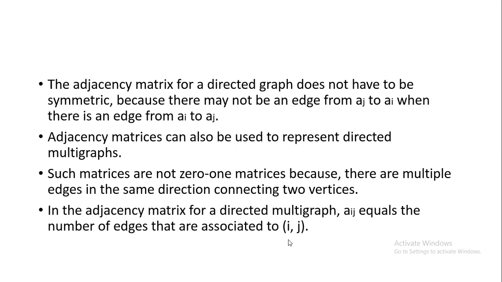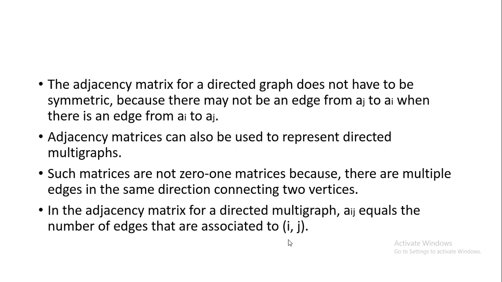Adjacency matrices can also be used to represent directed multigraphs. Such matrices are not 0-1 matrices because there are multiple edges in the same direction connecting two vertices. Suppose there are two vertices and three edges. Among these three edges, two are directed from A to B and one is directed from B to A. Then how can we say that it is a 0-1 matrix? The values are different, 2 and 1.